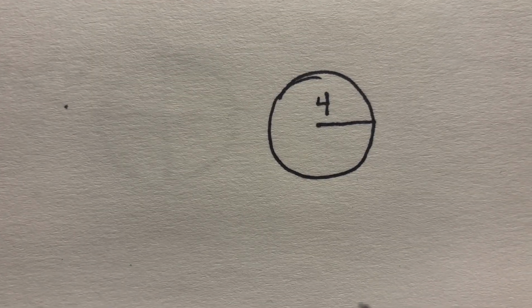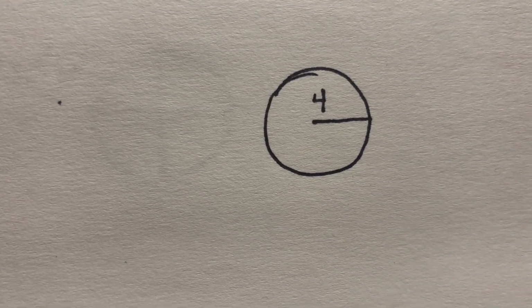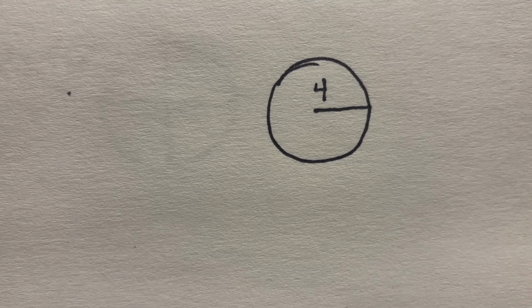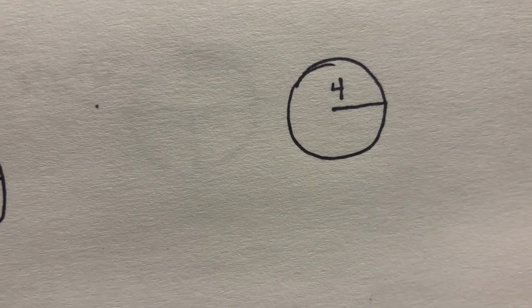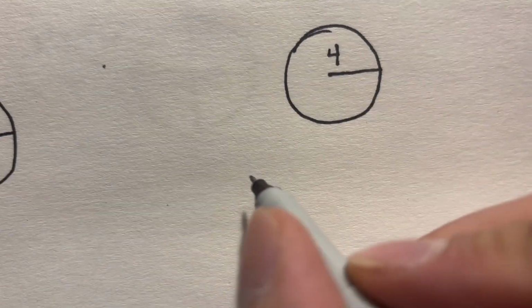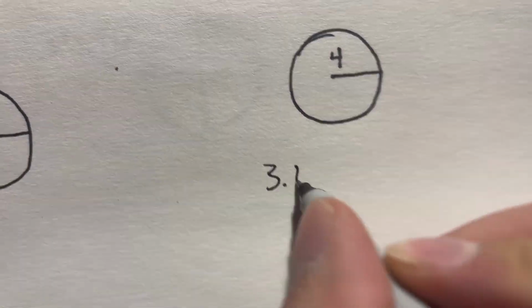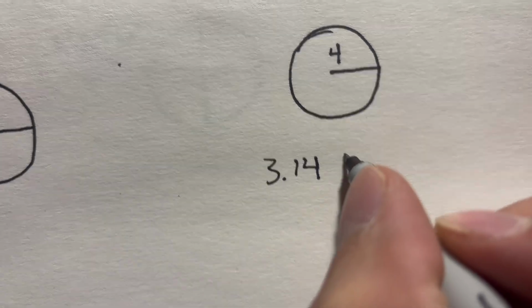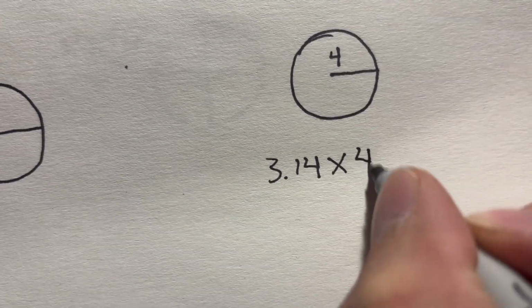Here we have the circle where the radius is 4. It could be 4 inches, 4 feet, whatever you want it to be. So we'll write down the equation: pi, which is 3.14, times the radius, which is 4 squared.